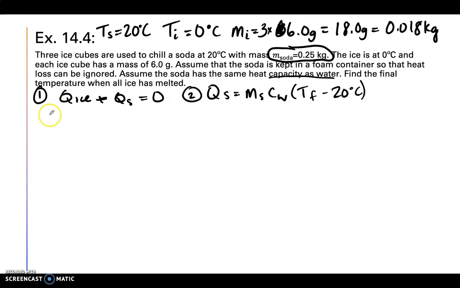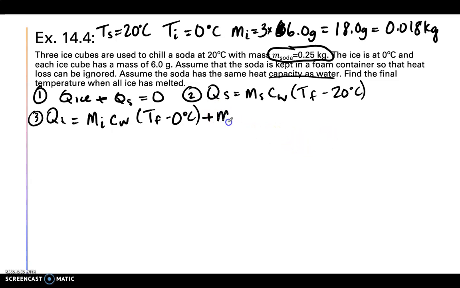Okay. Then we have our Q ice. That is going to be the same as this, right? So it's going to be M ice, C of water, and then T final minus our initial, which is 0 degrees Celsius. Okay. But we also have our latent heat that we need to deal with.